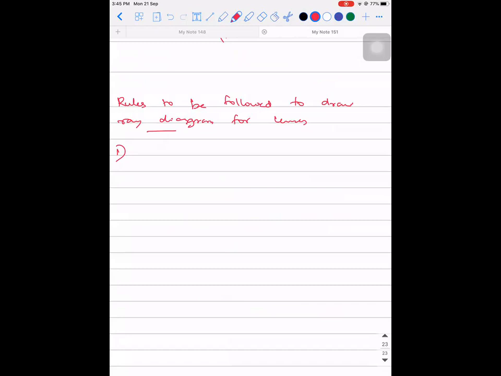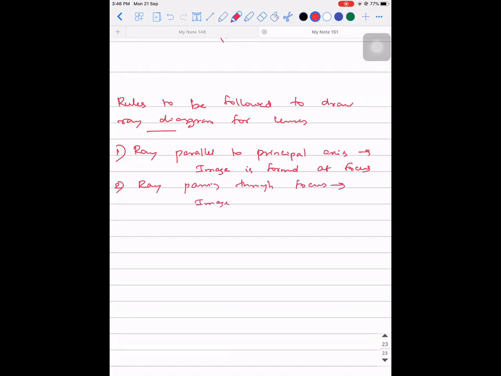Parallel to the principal axis, where is the image formed? Focus. Ray passing through focus, then where is the image formed? At infinity, because the rays will become parallel to the principal axis, right?